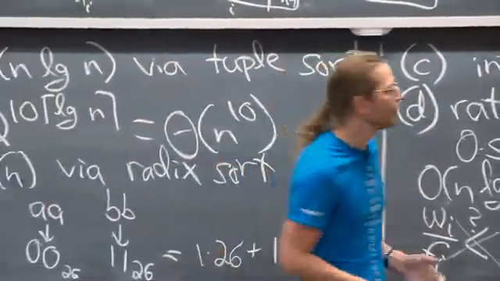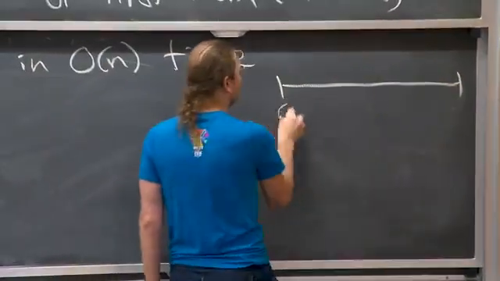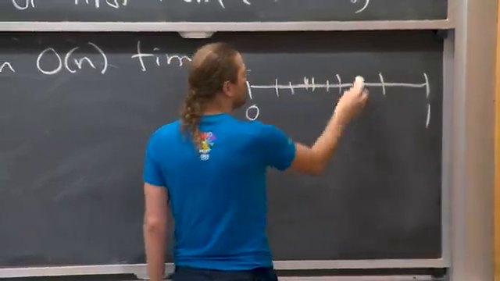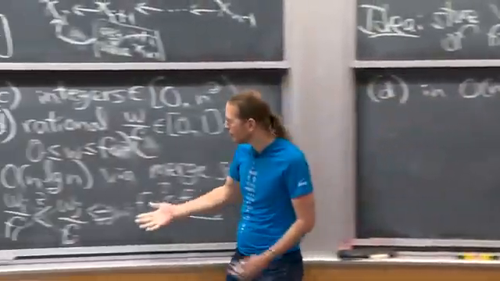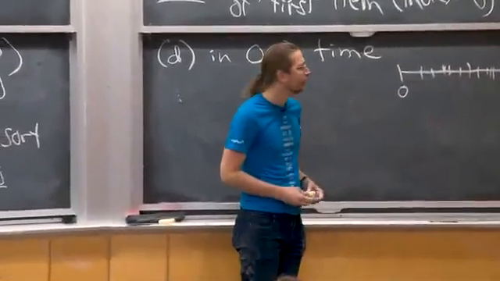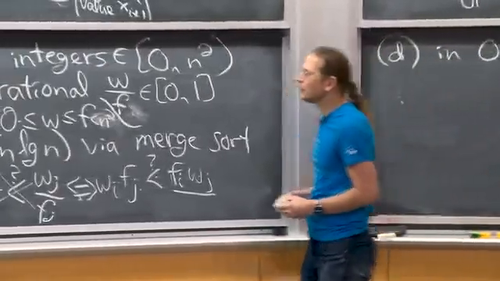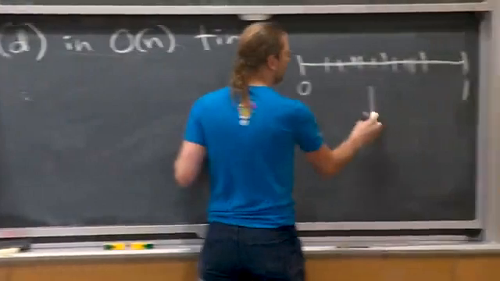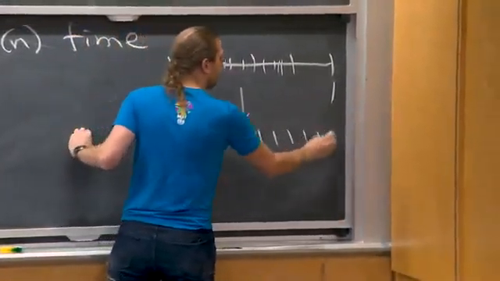But the way I like to think about it, so let's just draw the real interval from 0 to 1. And there are various spots all over here that represent, I can't actually compute this, but conceptually each of these wi over fi's falls somewhere in that interval from 0 to 1. And I want to sort them somehow. So one thing that would be great is if I could take these real numbers and somehow map them to integers, which are uniformly spaced.